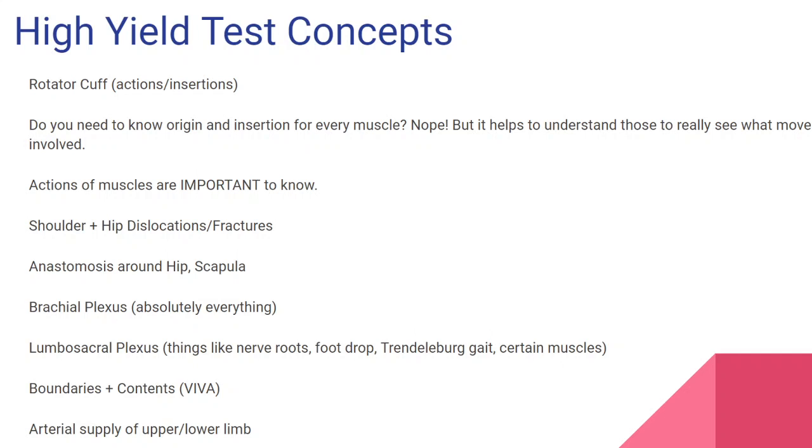So the lumbosacral plexus is also as important. It's a little more difficult than the brachial plexus because it has more nerve roots. But one benefit with the lumbosacral plexus is you don't need to know a lot of the nerve injuries for it. But you do need to have a basic understanding of things like nerve roots, foot drop, Trendelenburg gait, the high steppage gait, just different things that are usually tested on your test.